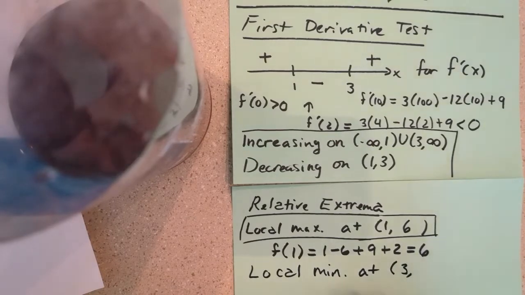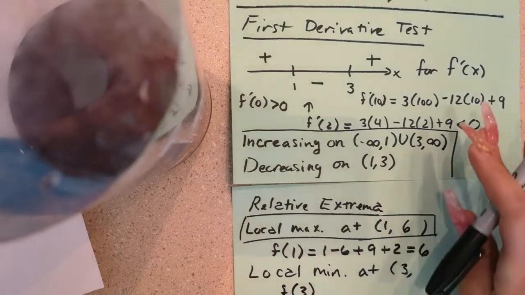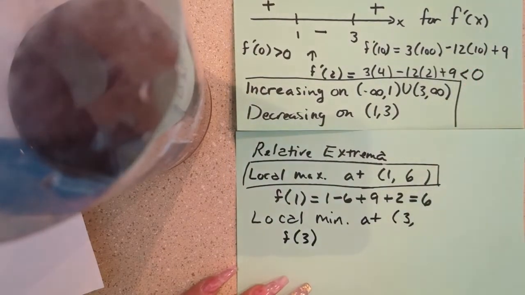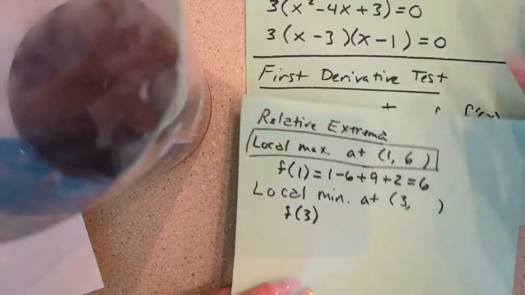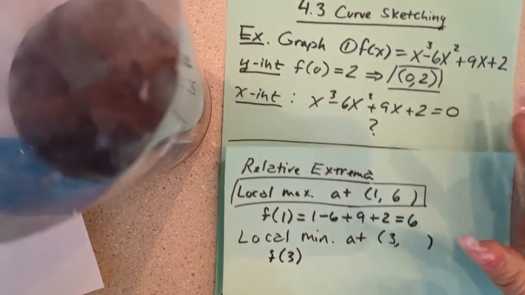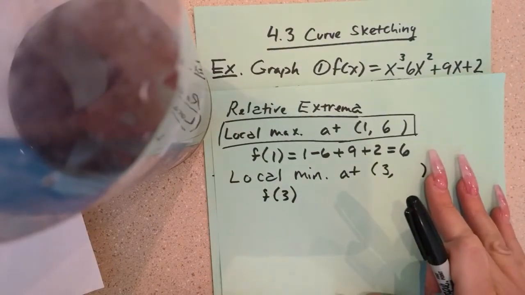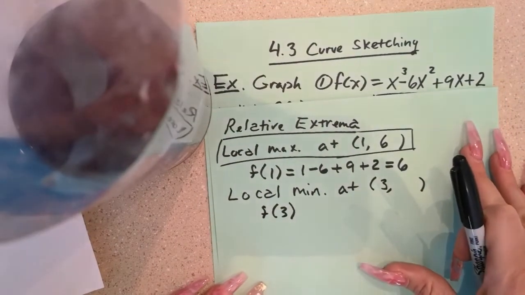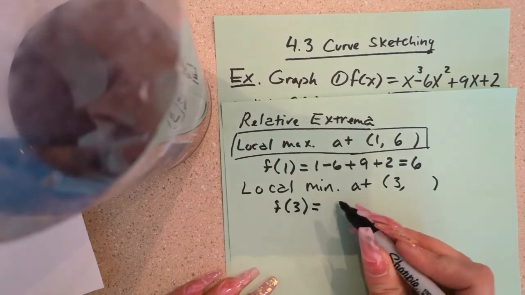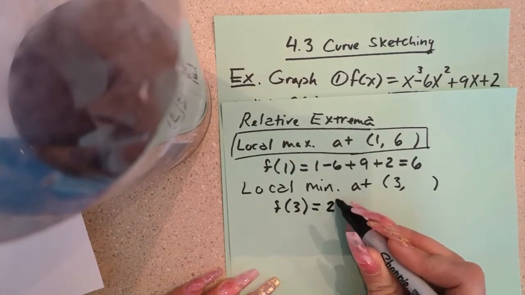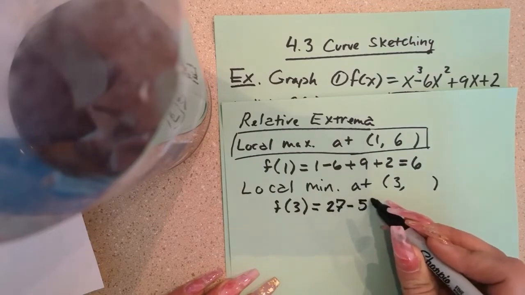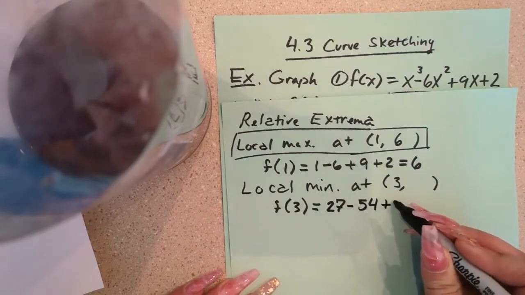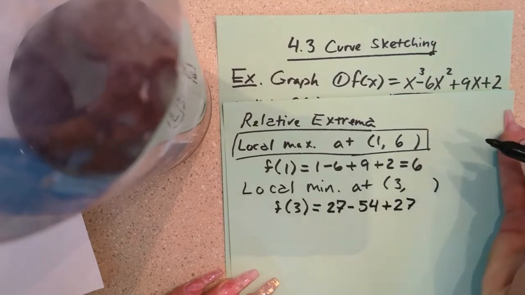Now again I have to find f of 3, so I have to refer back to the original function. 3 cubed is 27, minus 6 times 9, what is that, 54, plus 9 times 3, 27 again, plus 2.